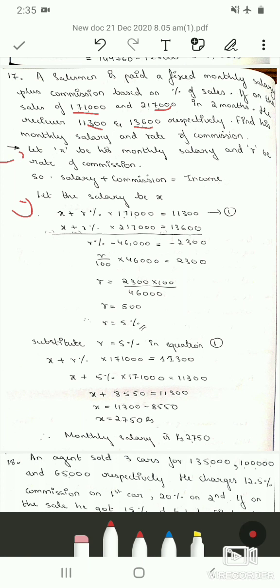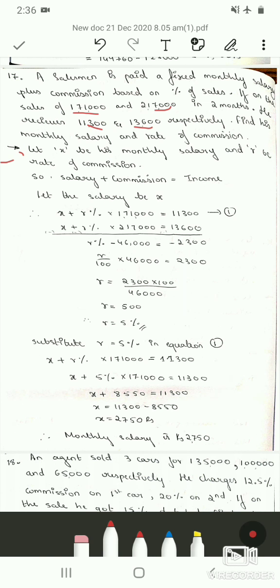that is X plus R% into 1,71,000 is equal to 11,300. So here income is 11,300. We know the commission formula as rate percent into sales, and we have taken salary to be X. So one equation is done.